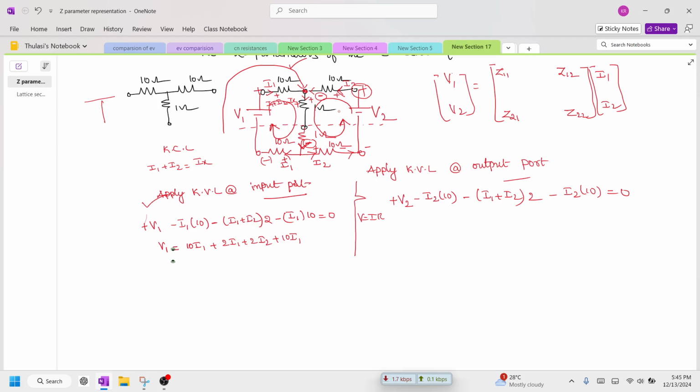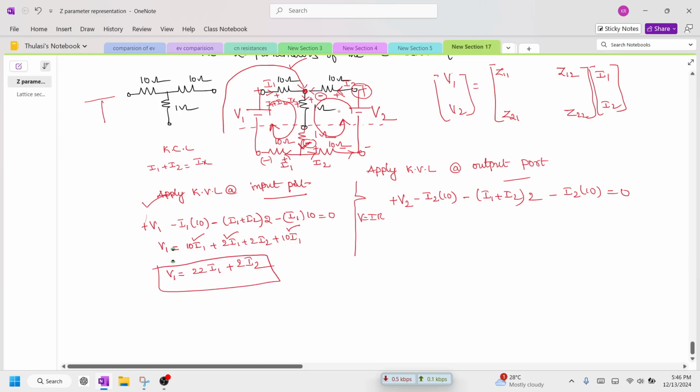Okay, so this I am writing. So here I am going to take I1 as common. When I take I1 as common, 10 plus 10, 20, 20 plus 2, 22, which is nothing but 22 I1 plus 2 into I2 is one equation.